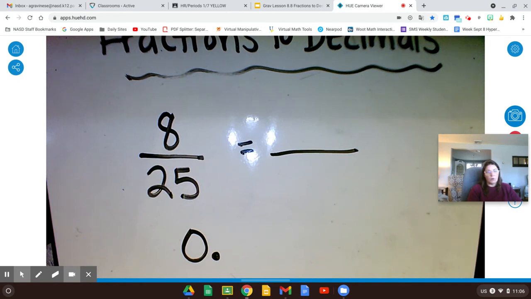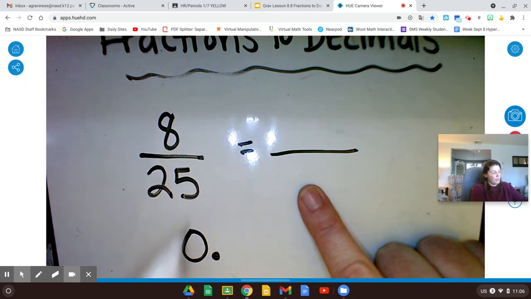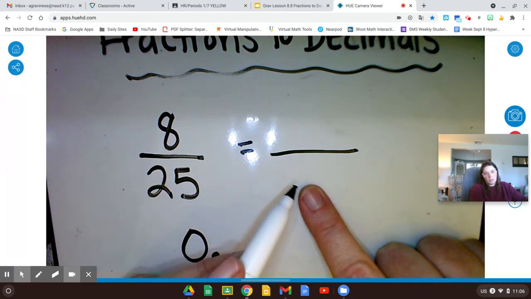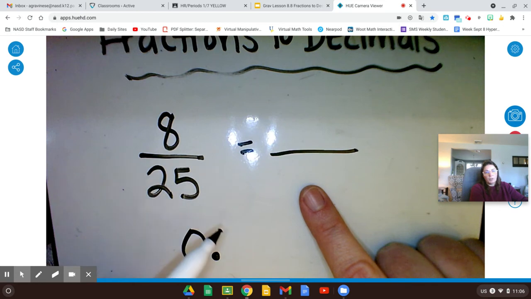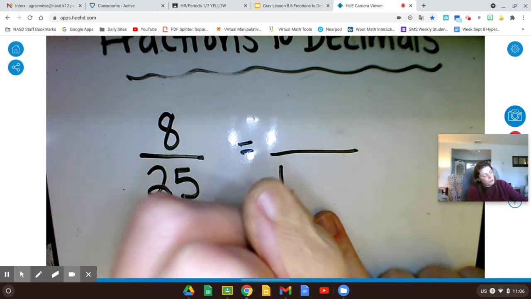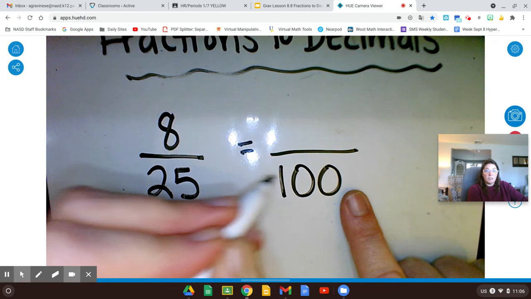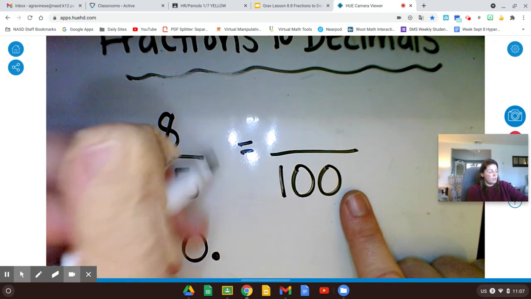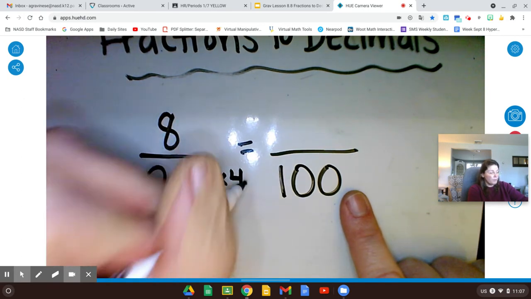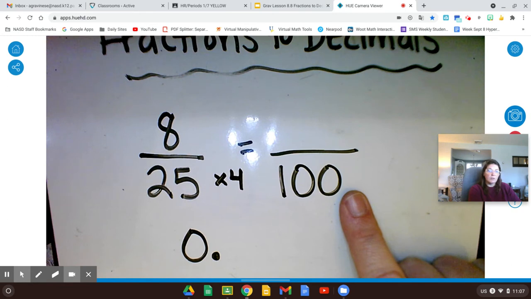Well, 10 won't work. I would divide it by something, and I would not get a whole number. So let's try 100. It has to be 10 or 100 for what we're doing today. 25 times something does give me 100. 25 times a whole number, 4, gives me 100.